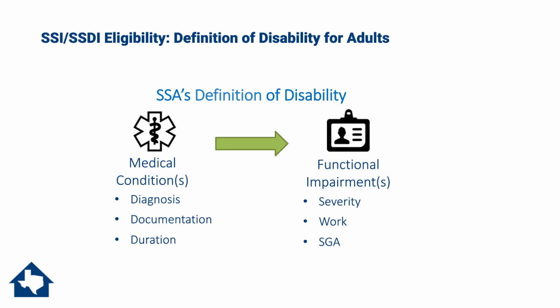But in SSA's eyes, substantial gainful activity slash employment for 2025 would mean earning at least $1,620 a month. And that's for this current year of 2025. The previous year in 2024, it was $1,550 a month. So things steadily increased based on inflation rates, cost of living, things like that.